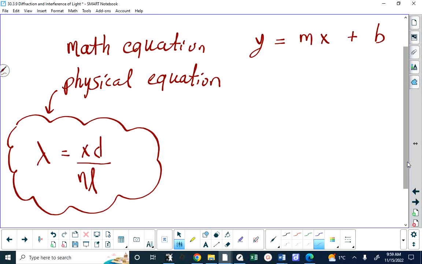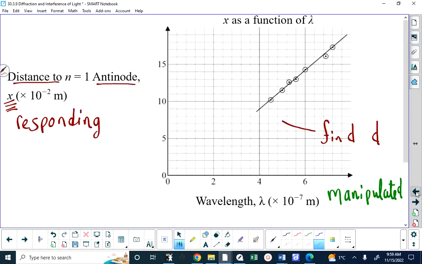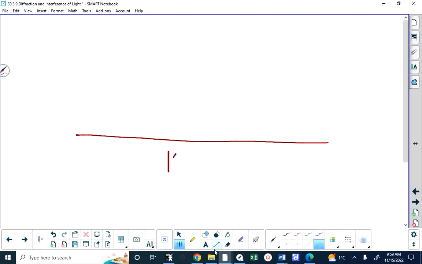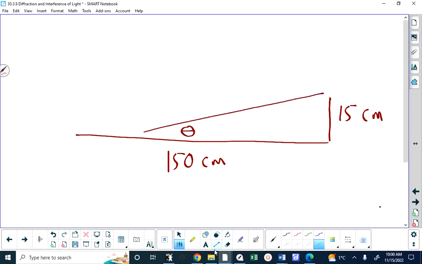By the way, not that you really need to here, but what are some of these distances? Even the biggest distance is about 17 centimeters. Would you agree? What is L? 1.5 meters, was it? So if you have 1.5 meters, which is 150 centimeters, and the biggest x is 15 centimeters, will this angle be less than 10 degrees?